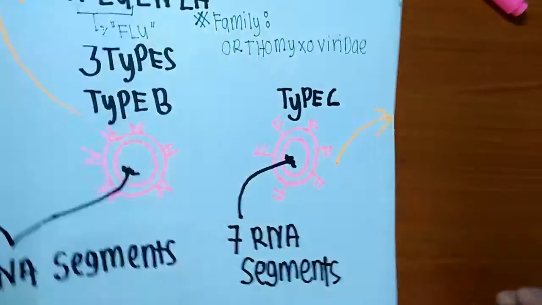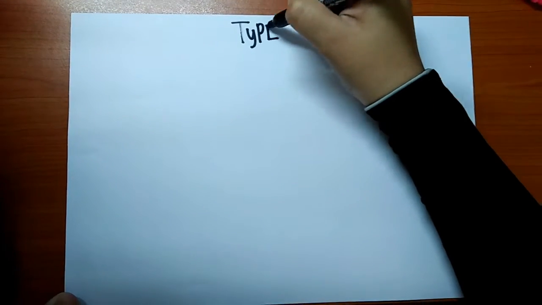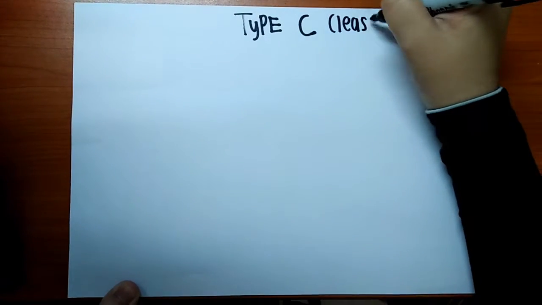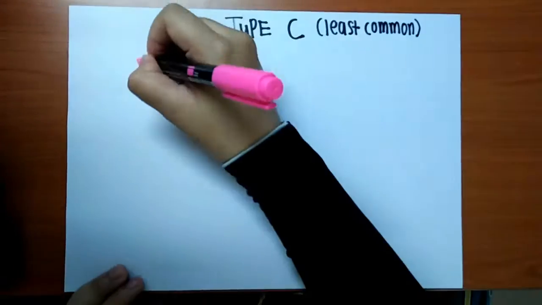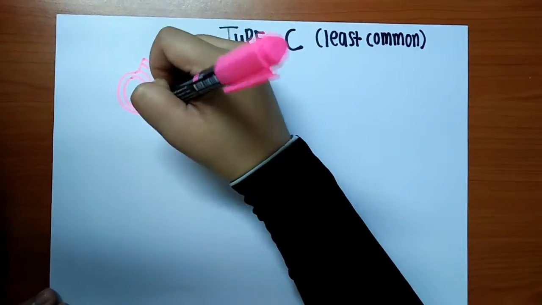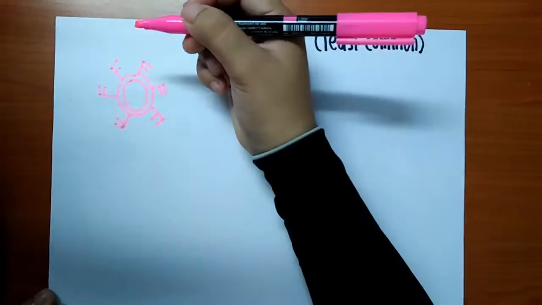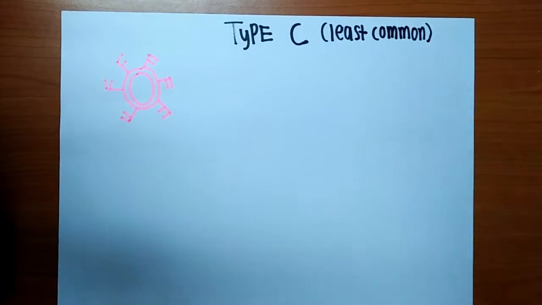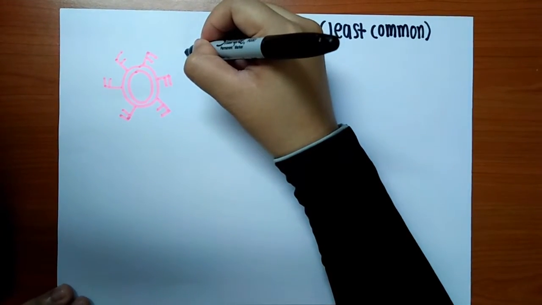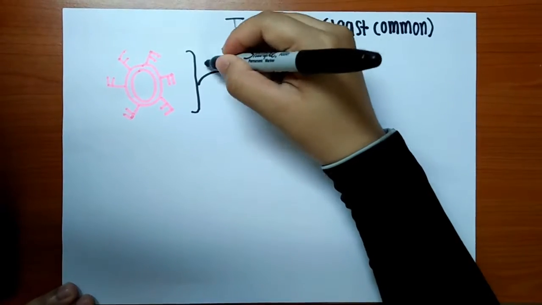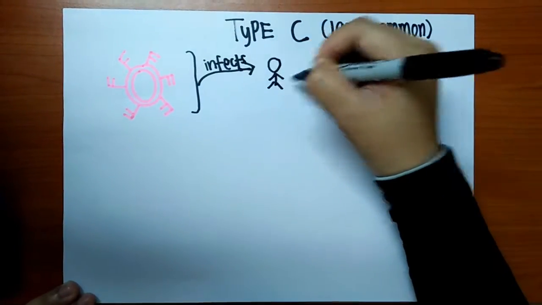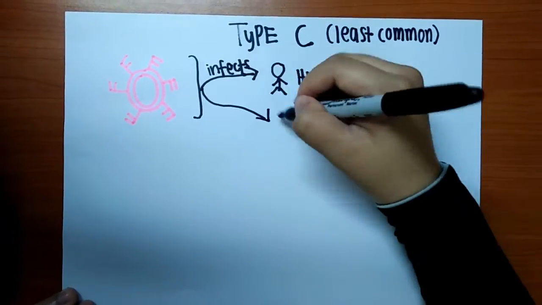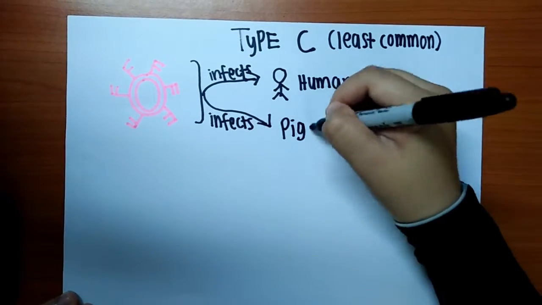The last type of influenza, type C influenza. Type C influenza is the least common compared to type A and type B. It is the only one species and least likely to mutate of the three. Unlike type B, type C influenza can affect both humans and pigs.